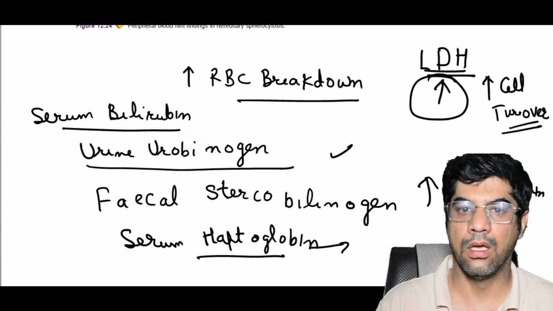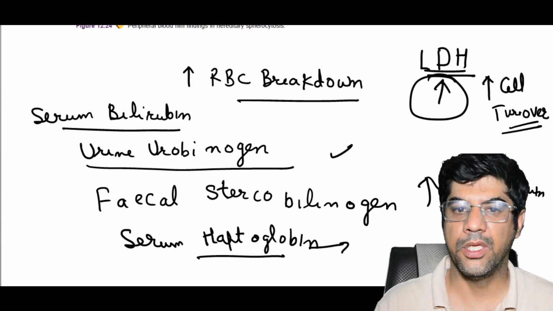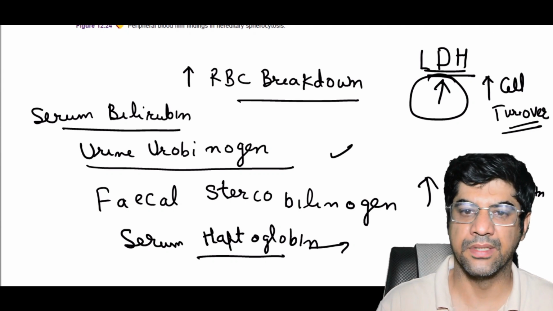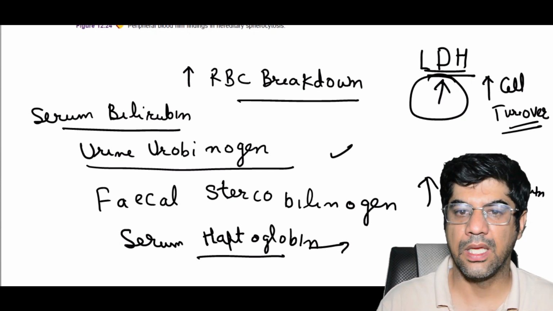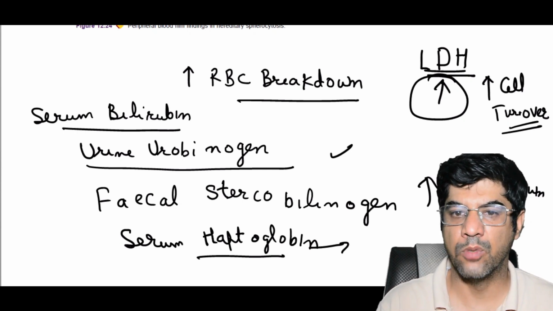So what would be the evidence of intravascular hemolysis? Presence of hemoglobinemia, hemoglobinuria, methemoglobinemia, and hemosiderinuria would indicate that.